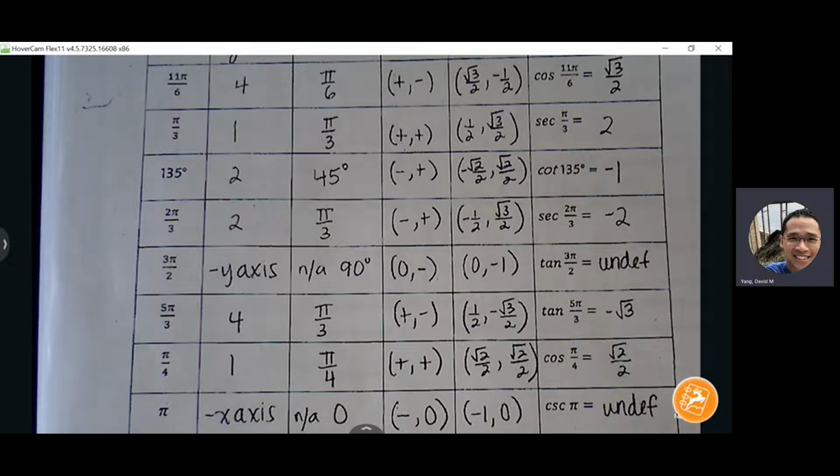Any questions about these? I'll leave this up for another moment. If you're good with this, turn to page 37.